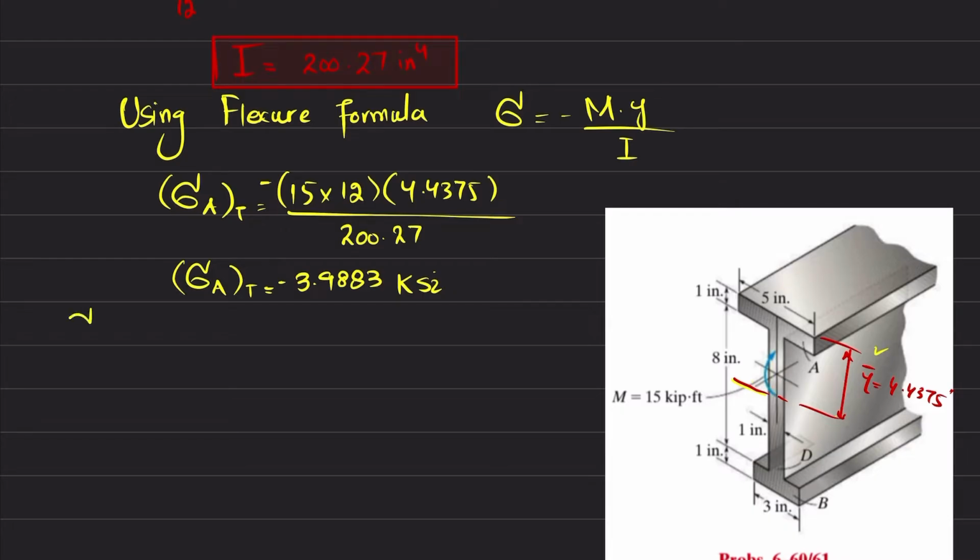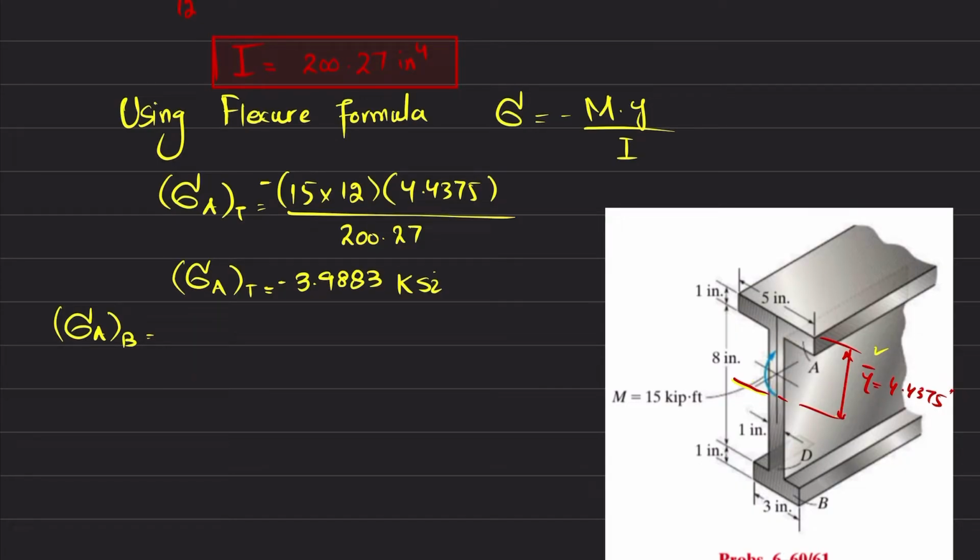Now what if I find sigma A at the bottom? So the bottom is this portion, clear, and this distance y will be equal to 4.4375 minus this 1. So this will give you y.